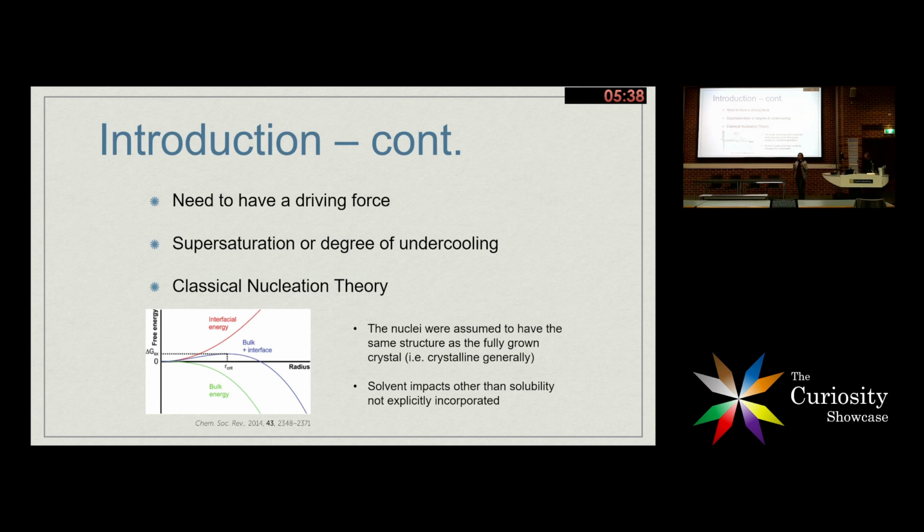Implicit in classical nucleation theory is that the nucleus that forms has the same structure as the fully grown crystal. And the other implicit assumption in classical nucleation theory is that the solvent really, the only impact it's really having is that it determines the equilibrium solubility level.